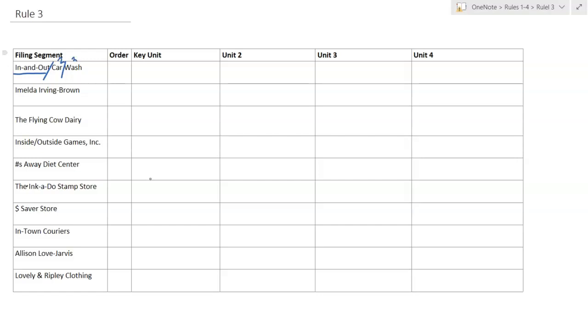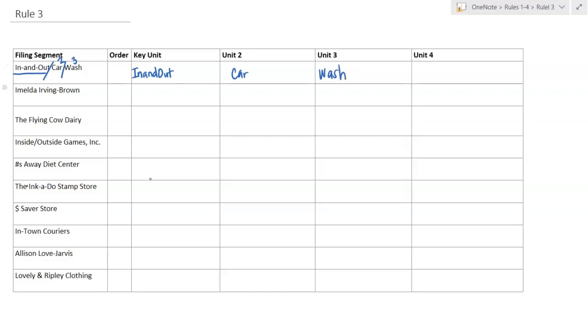Car is unit 2, wash is unit 3. So when I write this in my key unit, I'm not writing any spaces between the words in and out. Okay, again, unit 2 would be car, and unit 3 is wash.